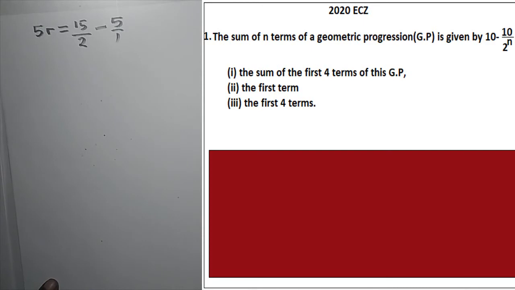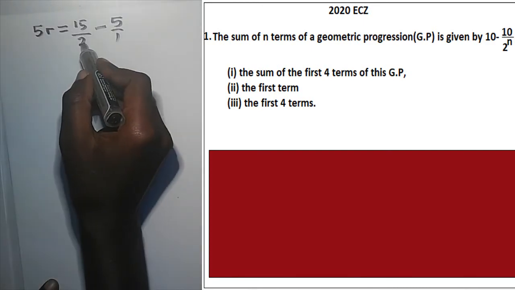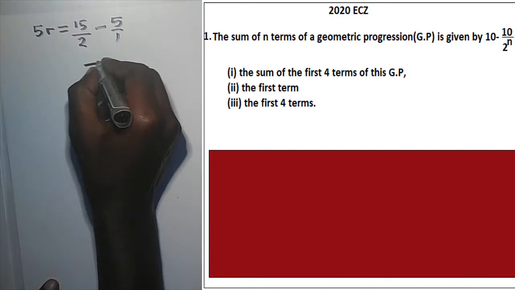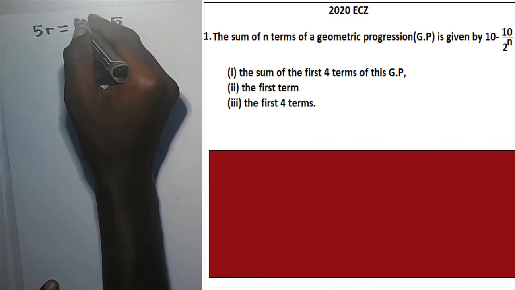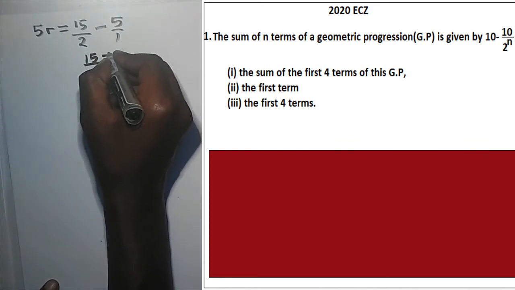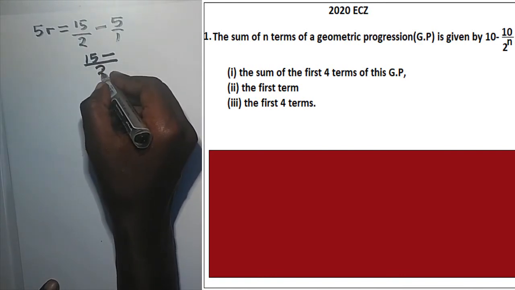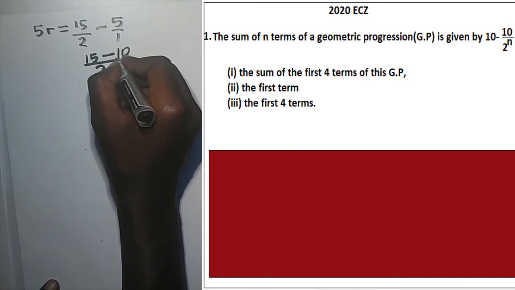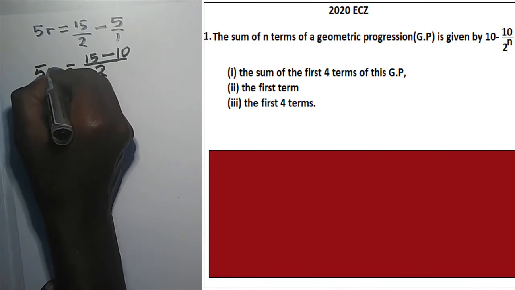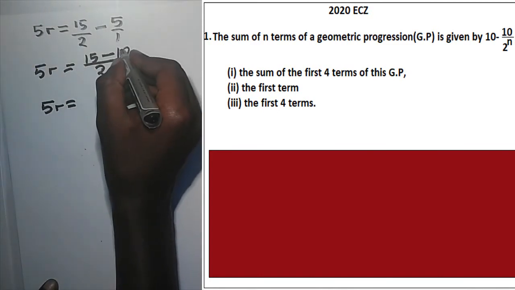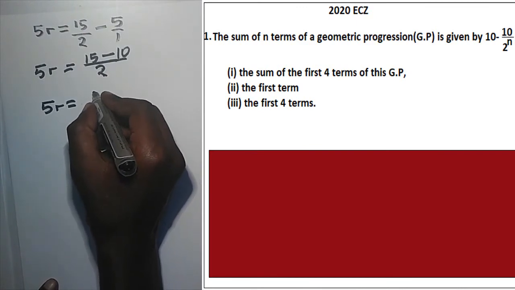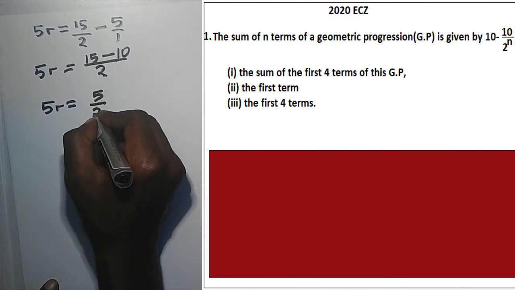So the common denominator here is found by multiplying 2 times 1 here, which will give us 2. And then we are going to do 2 into 2 is 1 times 15, we have 15 there. Minus 1 into 2 is 2 times 5, you have 10. And this is equal to 5r. So 5r is equal to 15 minus 10 is actually 5 over 2.